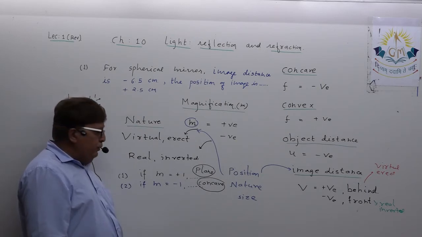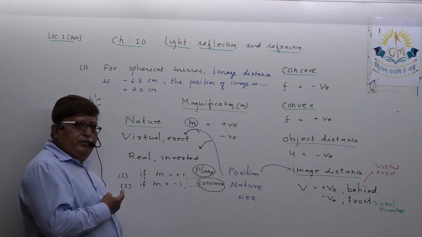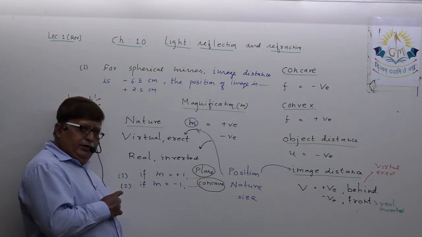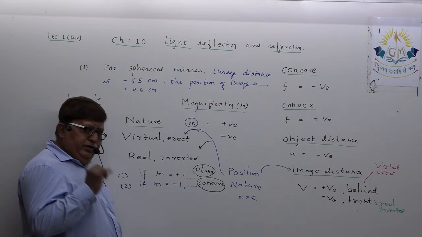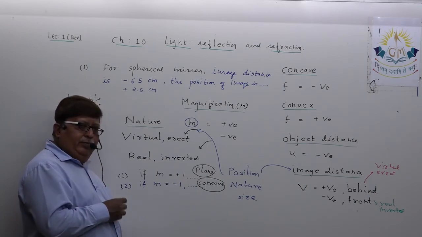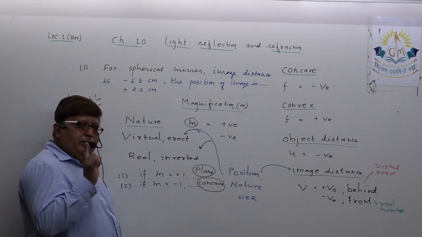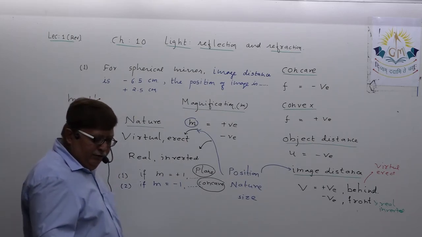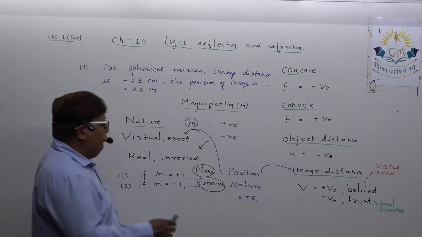Magnification minus 1. Can you guess the nature and size? Real, inverted, of same size. Which mirror can produce such type of image? Only concave mirror. Okay, let us discuss some other MCQs.